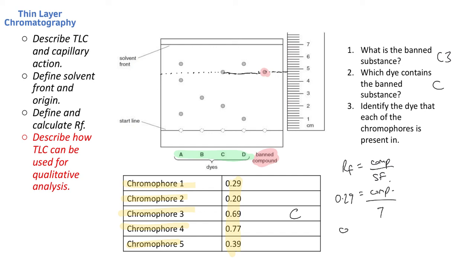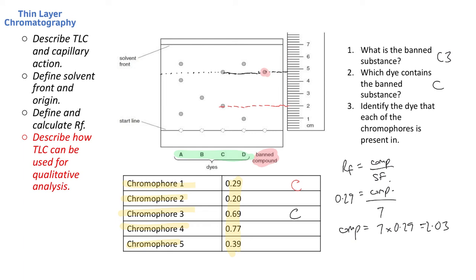Therefore the component has traveled 7 times 0.29, which happens to be 2.03, or approximately 2. So then you would say, here's 2. Which one has traveled approximately 2? That one's there, so that one's also C. C has that chromophore as well.